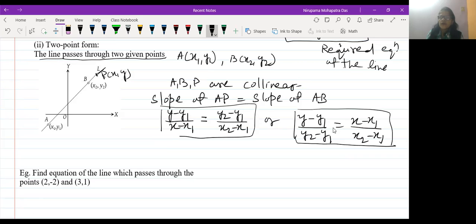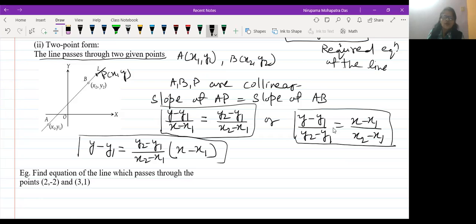Let me tell you a very simple way also. If I write y minus y1 equal to (y2 minus y1) by (x2 minus x1) into (x minus x1), and you link this with the point-slope form, is it the same? Just look at this. The slope of the line is (y2 minus y1) by (x2 minus x1), and it passes through (x1, y1).